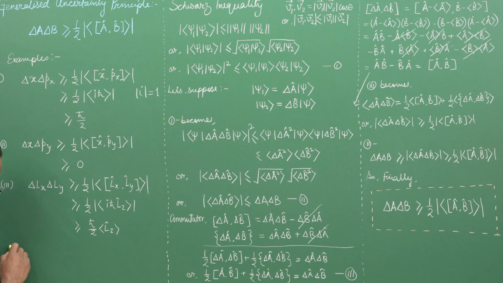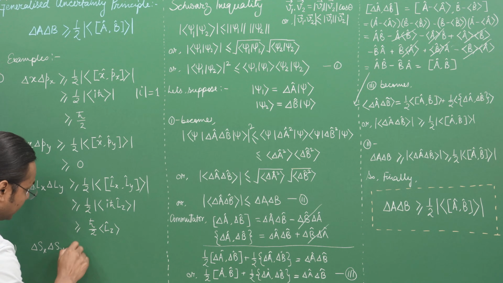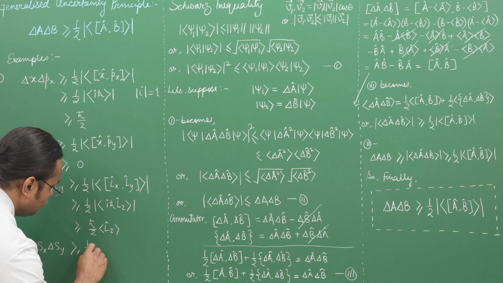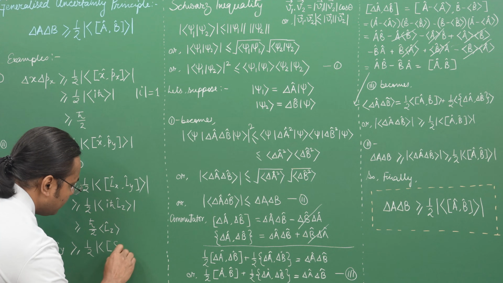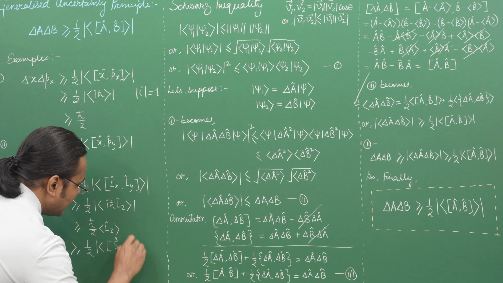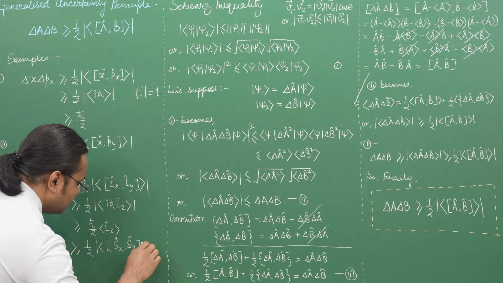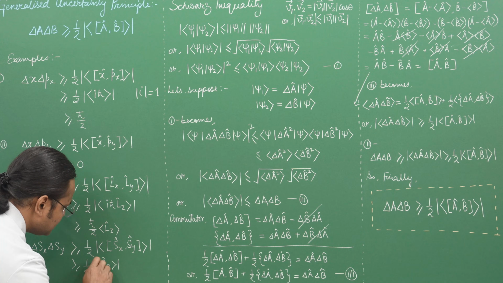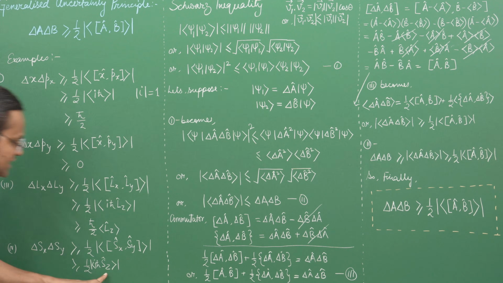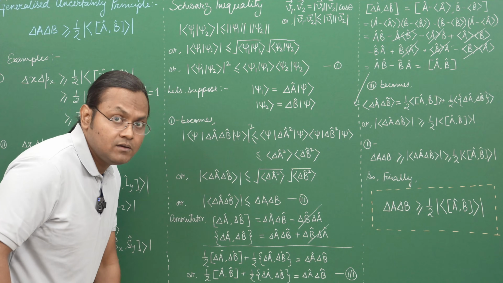And lastly, let me show you one more example. If I take the spin angular momentum, del Sx and del Sy, that should always be greater than or equal to half of the mod of the commutator of Sx and Sy. Again, do you know the commutator of Sx and Sy? It is i h cross Sz. But do you know the expectation value of Sz for an electron?